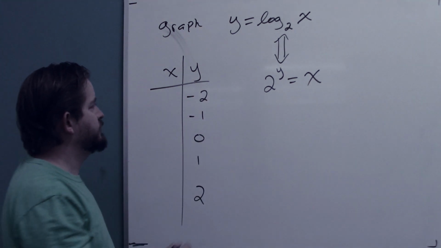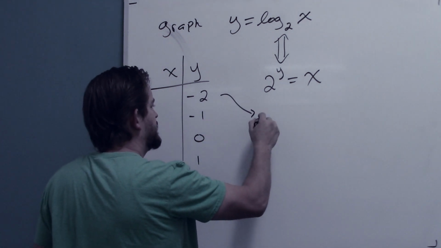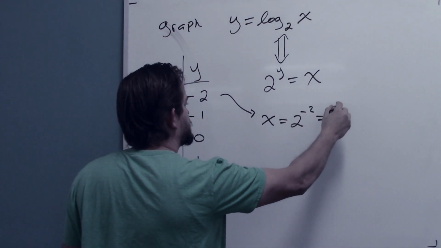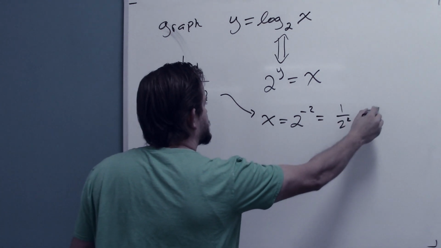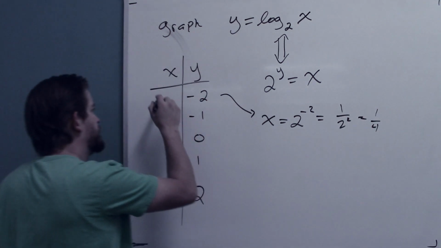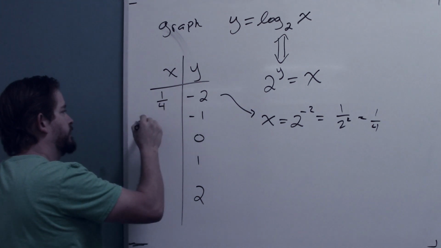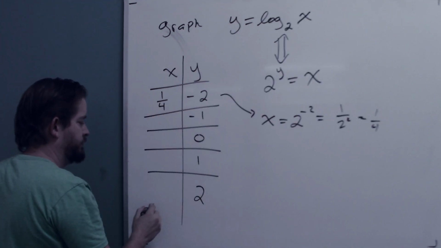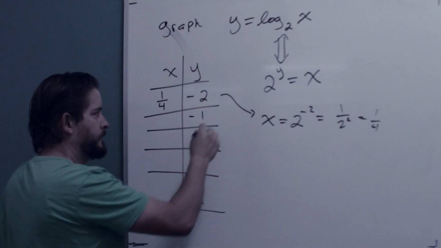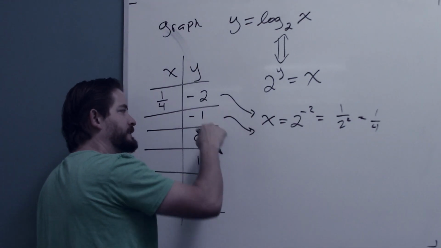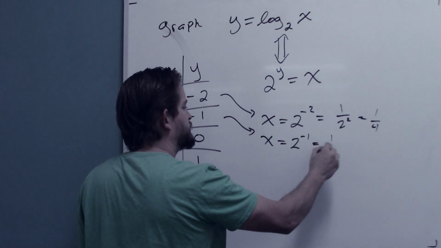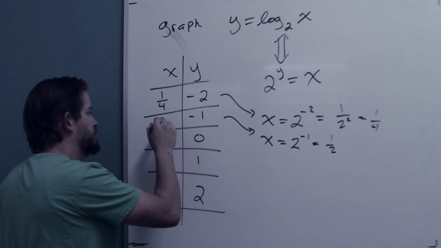So if y is -2, that is x equals 2 to the -2, which is 1 over 2 squared, which is 1 over 4. If y is -1, then x is 2 to the -1, which is just 1 over 2.